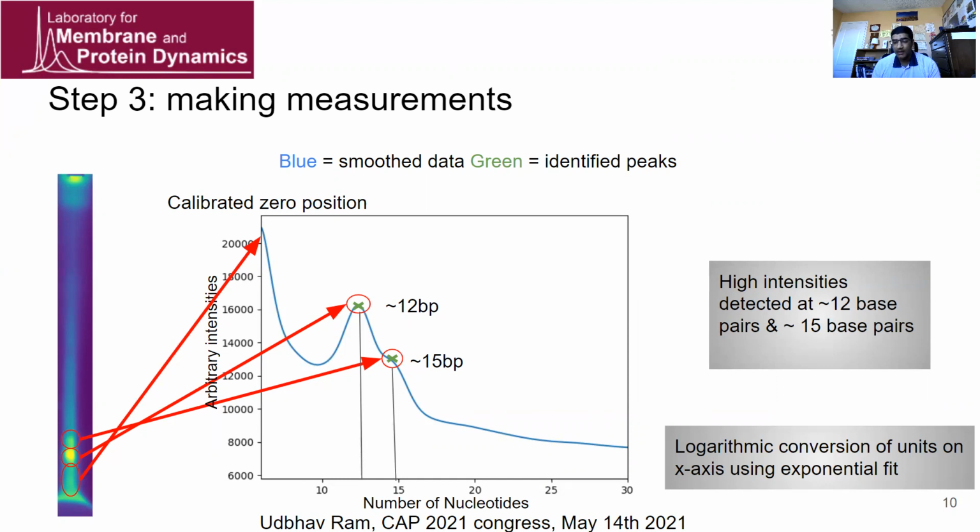And this is taken directly from our exponential fit. And through that fitting, we're able to then generate this correctly scaled x-axis with number of nucleotides. And we were able to identify these high intensity peaks on the graph, which then give us a specific x value, which we know to be our number of nucleotides. So in this case, we can see that there are high intensities detected at 12 and around 15 base pairs. And we know that these are now our values, and we can return this to the user.